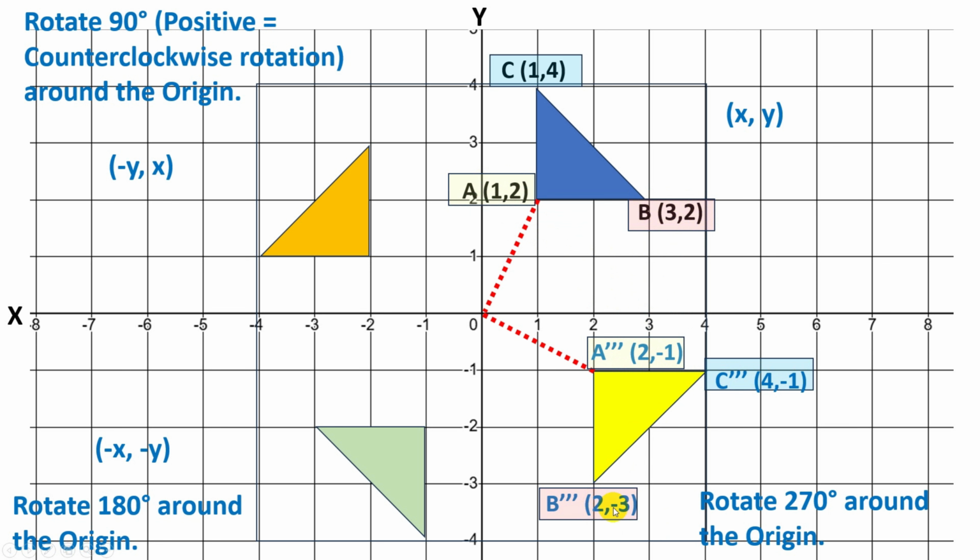For C it's the same thing: we have (1, 4), and here we have (4, -1). We flip it and make the y coordinate negative. So that will be the rule, right? We flip the x and the y. Here it will be (y, -x), and you see this one is negative.